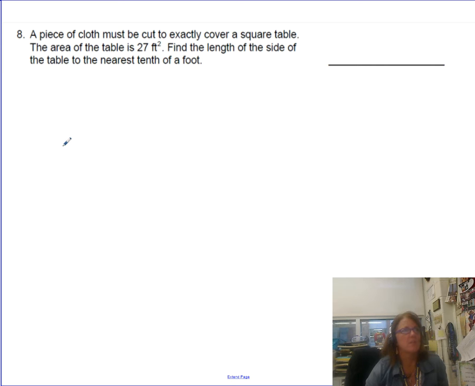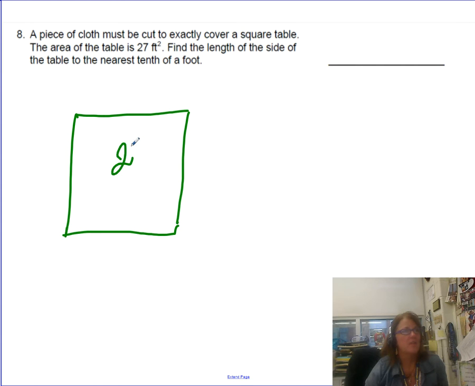Same sort of thing. It's a piece of cloth and it needs to fit a perfect square table. The area is 27 square feet. Okay, and I'm going to just say, let's estimate this a little bit.